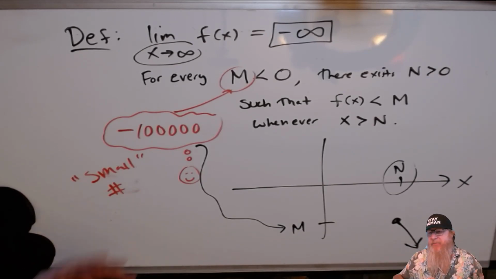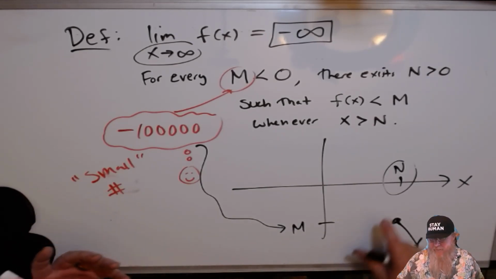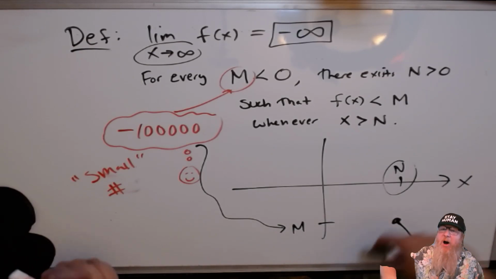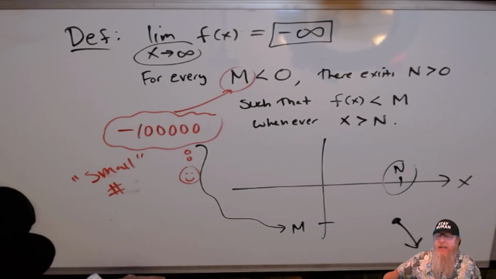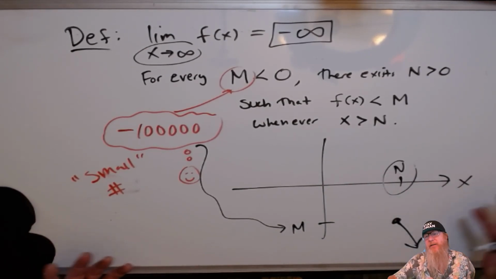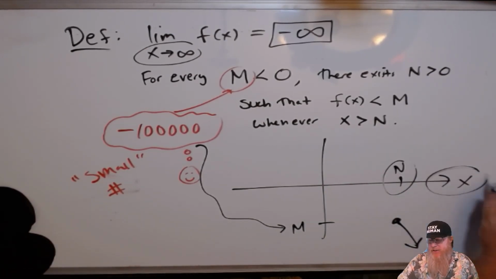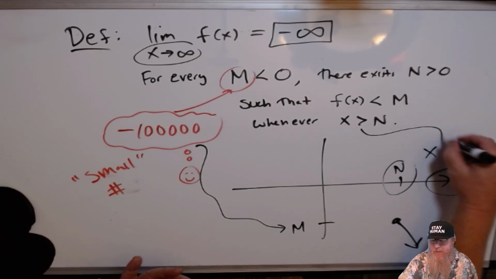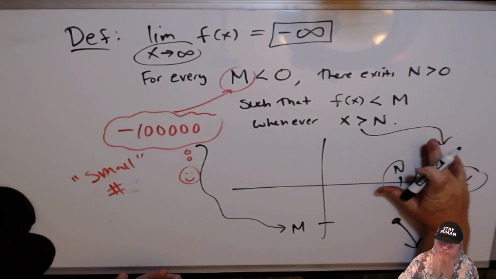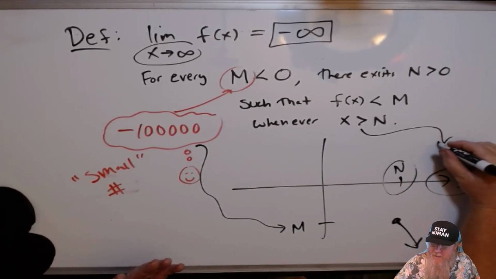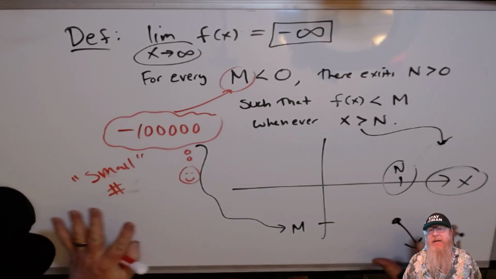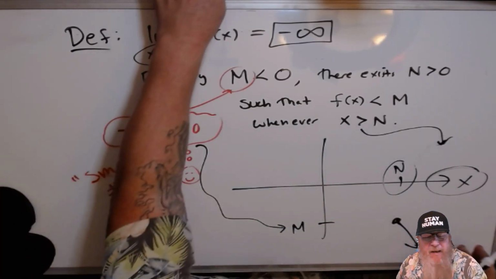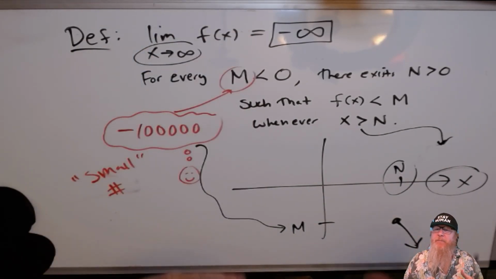We already saw the functions that we've been working with today. If you want to get below negative 100,000, that's the arrow going below it, then you only have to be larger than 12. So x just has to be anything larger than 12. Now, again, that was just one concrete example. I'm going to do many more with this new definition, parallel definition, I guess you could call it, to the other one.